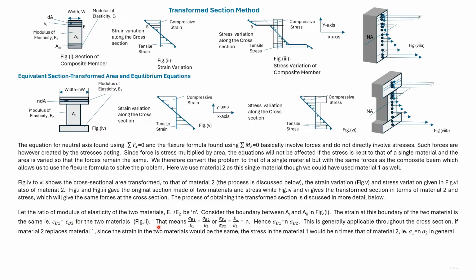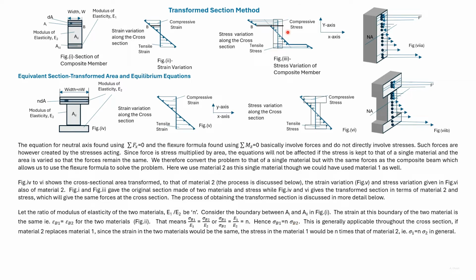Now consider the ratio of E1 divided by E2 as N. Then the stress-strain relation can be written in this form, from which we get sigma B1 divided by sigma B2 is equal to N, or sigma B1 is equal to N times sigma B2.